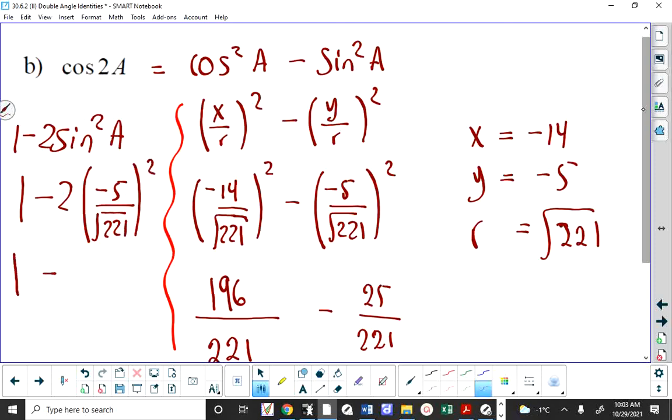You would end up with 1 minus 50 over 221, because the 5 squared is 25 times the 2 is 50. If you convert the number 1 to a denominator of 221, you're going to get 221 over 221 minus 50 over 221. You're going to get 171 over 221. You can use either identity.